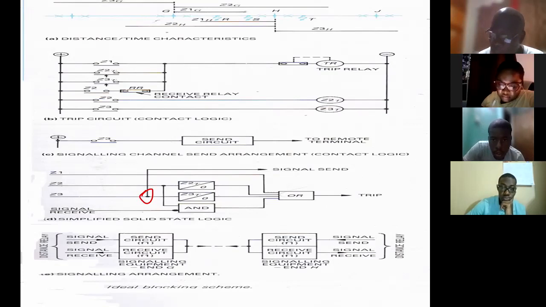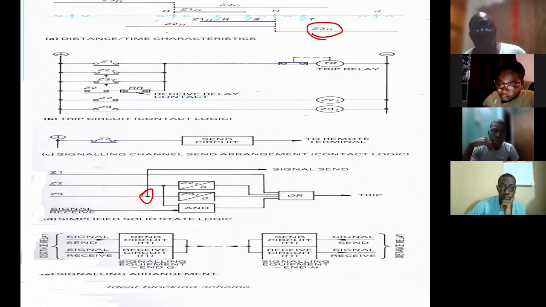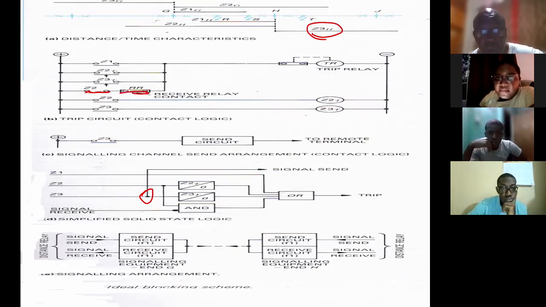No, sir. Because the reverse looking would be looking down to H to J. Yes? So you'd have a zone 2, which we would have that closed. You'd receive no signal. So it means that this normally closed contact would remain closed.